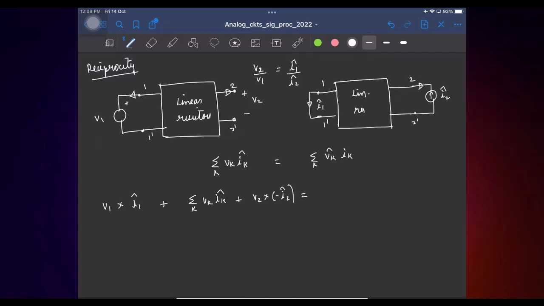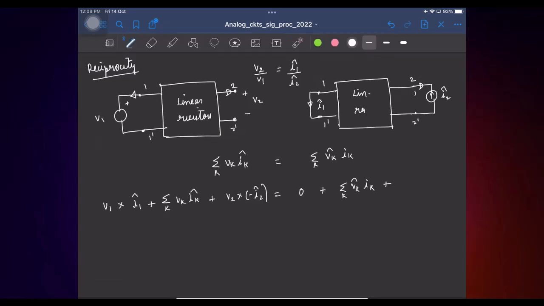This is equal to the port voltage, the branch voltage here, that is 0, so this becomes 0, plus the product for the internal branches, plus say this voltage is some V2 hat times the current here, which is 0, so this simplifies like this.